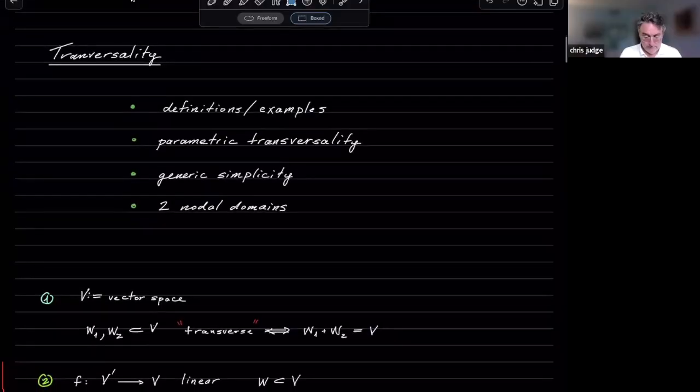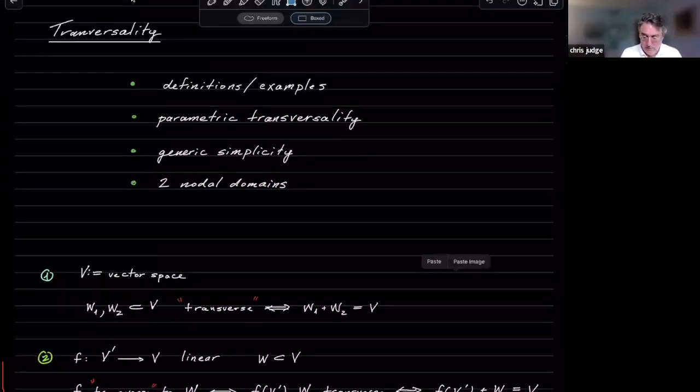It was very useful. And then you talk about whether maps are transverse. First we'll start out with linear maps. So I have a linear map F from V prime to V, and I'm assuming that W is a subspace of the image. And I say that F is transverse to W if F of V prime and W are transverse.